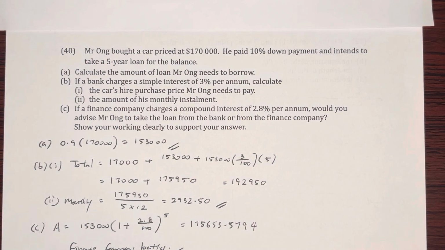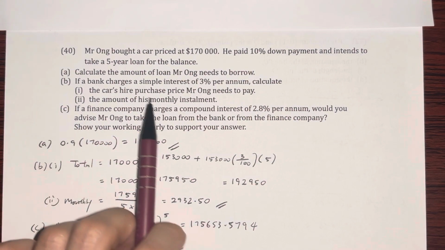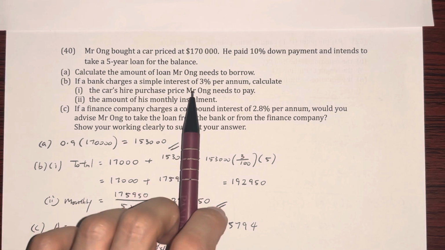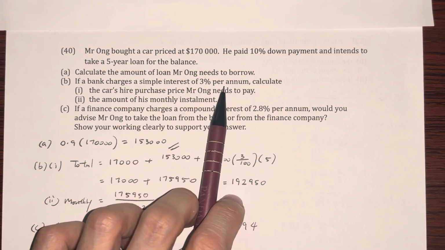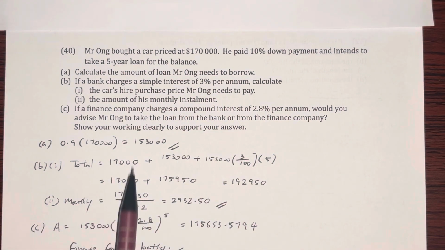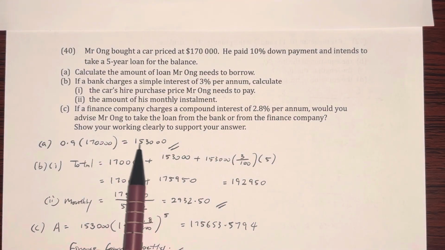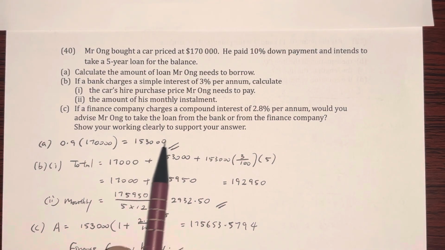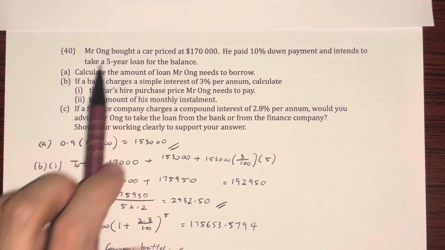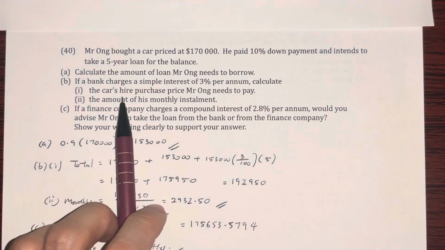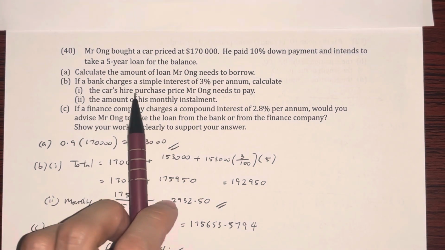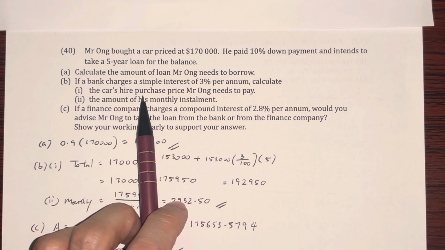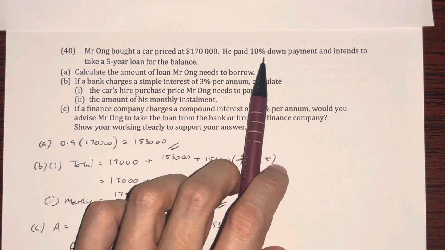So the next question is the bank charges simple interest of 3% per year. So I need to borrow this much. The 3% is going to apply to this number, for 5 years. And I must calculate the hire purchase price. Hire purchase price means the total amount of money he paid, including this 10%.